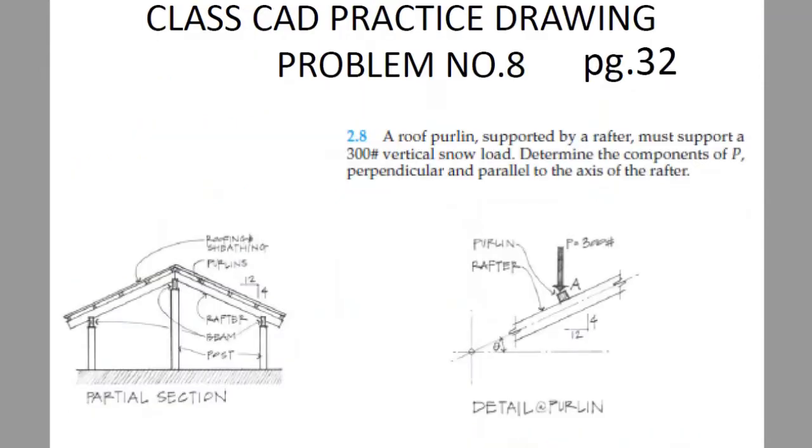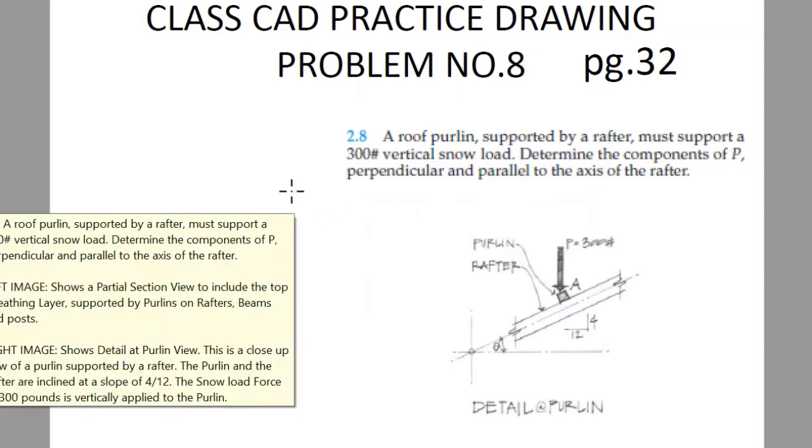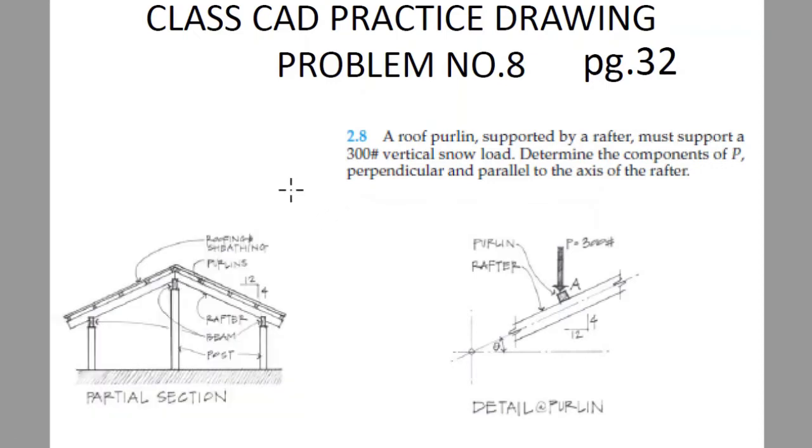Let's now look at Class CAD practice drawing problem number 8. This is on page 32, and problem 2.8 reads, a roof purlin supported by a rafter must support a 300-pound vertical snow load. Determine the components of P perpendicular and parallel to the axis of the rafter.